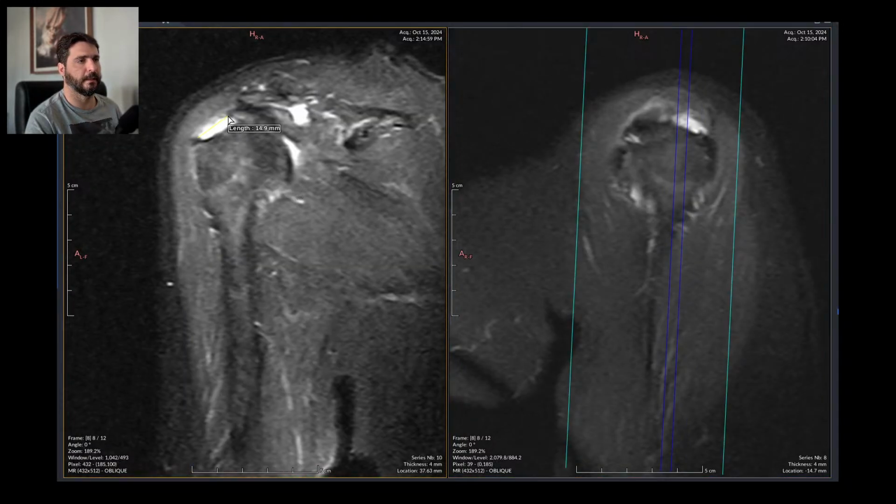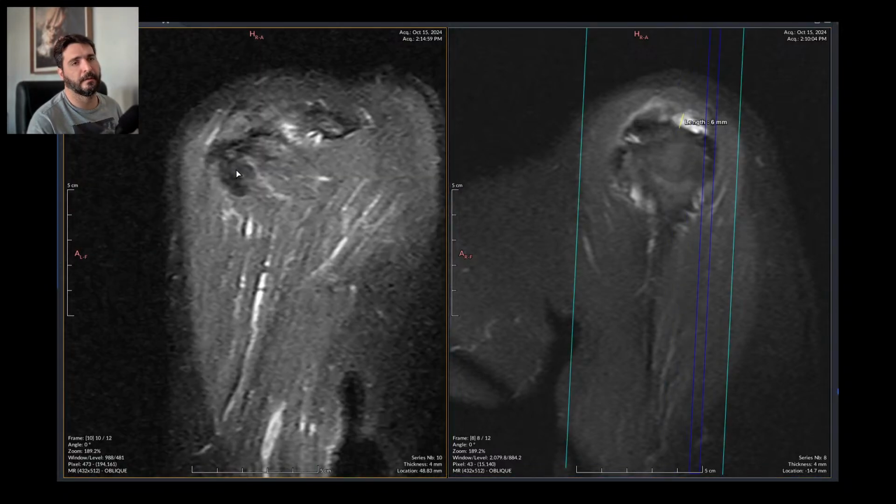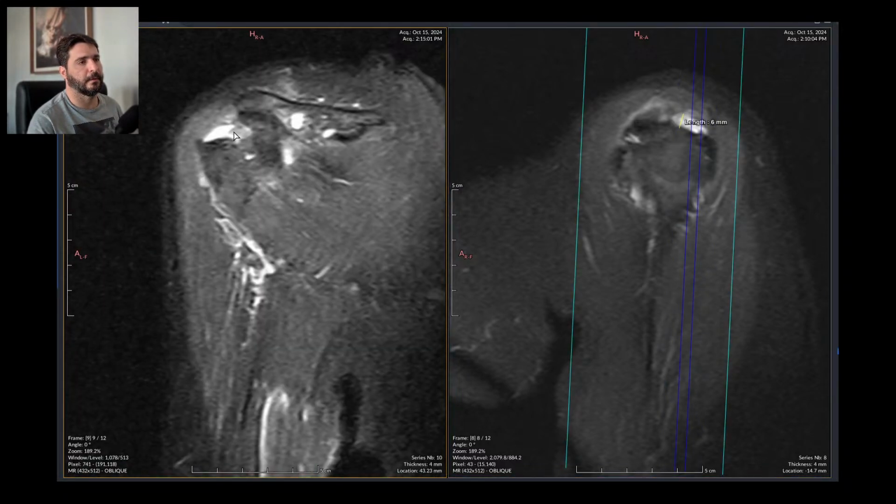Just do it like this and call it 1.5 by 0.6. And the other one is quite similar. Just call it 1.2 by 0.6. This is supra and this is infra.